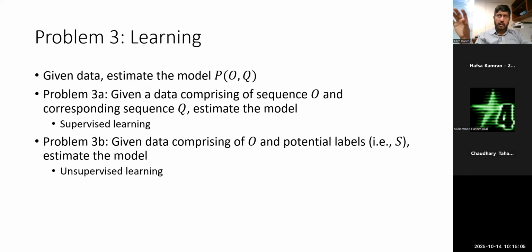There are two scenarios: either all the Qs are given for that running text, or only the set of states is given. In the first case, where all Qs are given, this becomes a supervised learning problem. In the second case, where you only know the tags, this would be a semi-supervised learning problem, or in general you can call it an unsupervised learning problem.